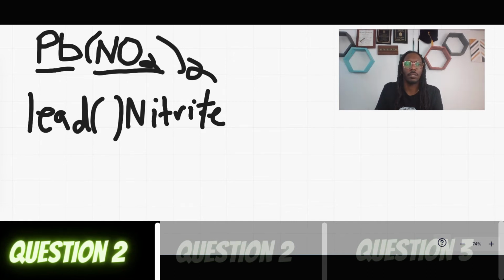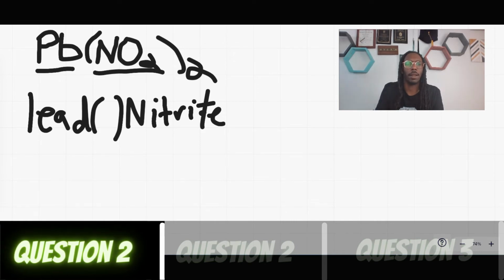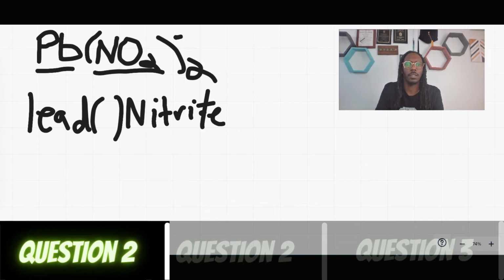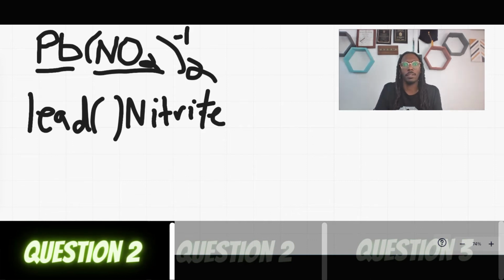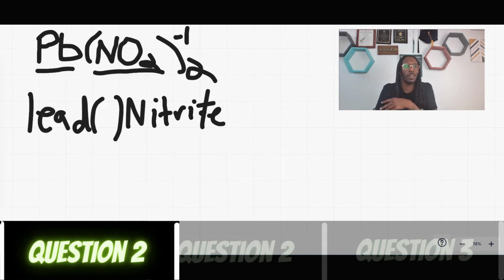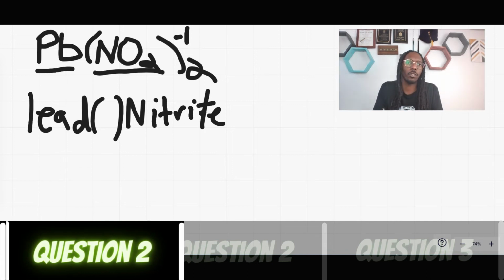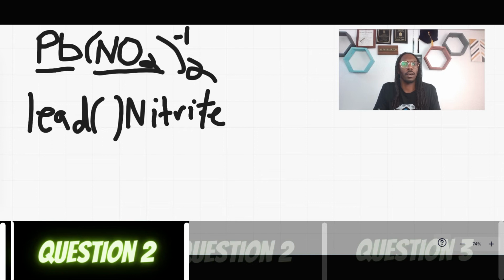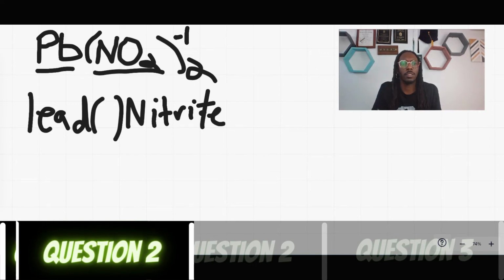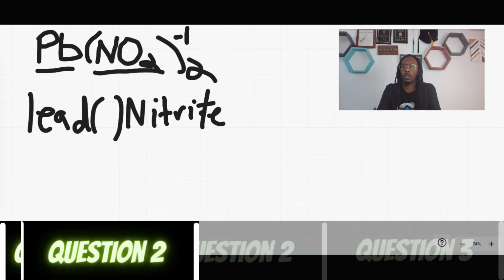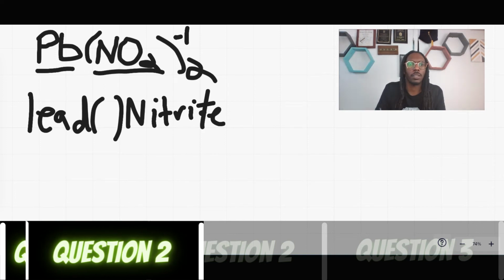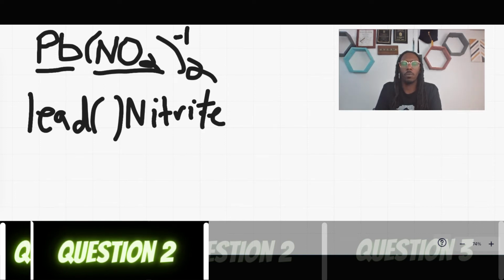For nitrites, that's why you got to know your polyatomic ions, it's -1. This is how we always determine all of our transition metal oxidation states. We find it through the anion. So in this case, NO2, you're looking at a -1 charge.